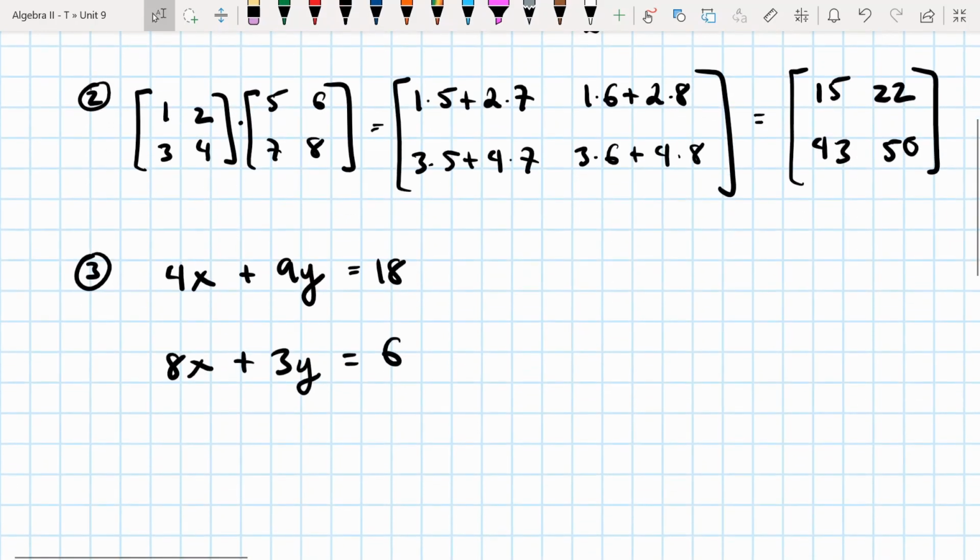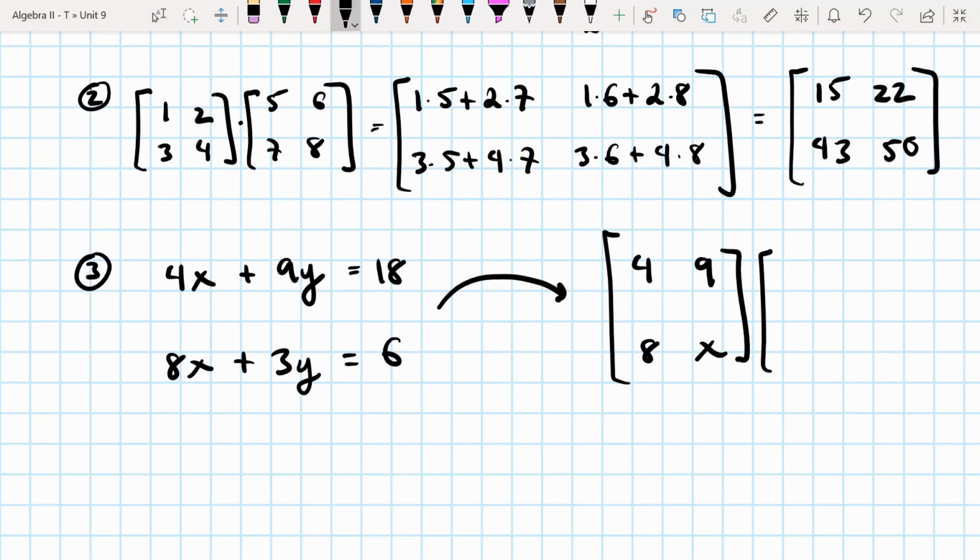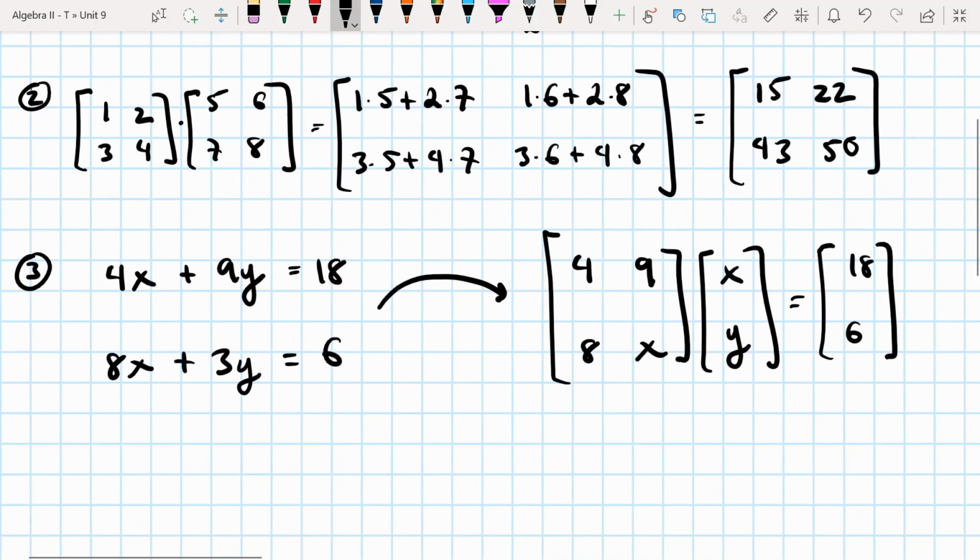Well, what we can do here is take this and convert it to an equivalent matrix form. It becomes a 2 by 2 matrix, and then we multiply it by the matrix x, y, and we set it equal to 18 over 6. And this is really how we're going to focus. This is our focus for matrices and their applications to what we've been covering in class.